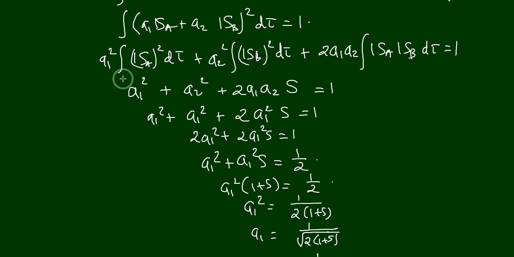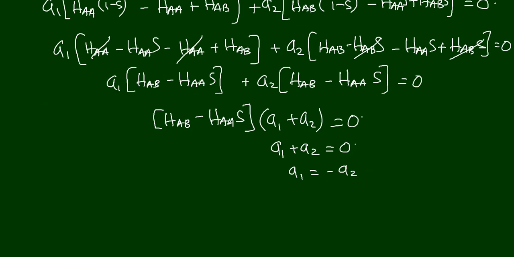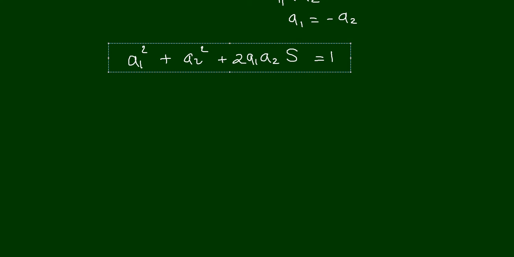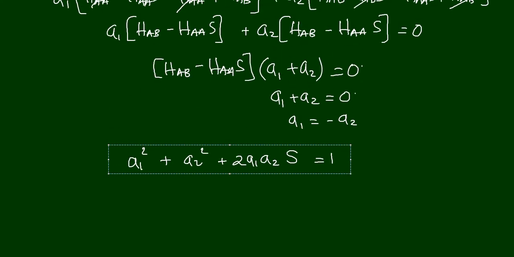After that we have to substitute for the other case. So I take this one: A1 square plus A2 square plus 2A1 A2 into S is equal to 1. Let me copy this and put it down here, in this equation. This equation was obtained by the condition of normalization, and in this equation we have to again write A1 square plus A2 square. Since A1 is equal to minus A2, A1 square will be equal to A2 square.